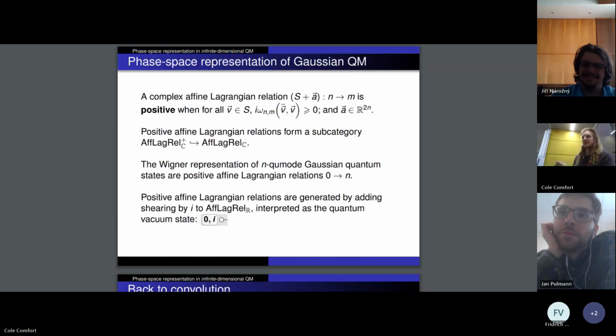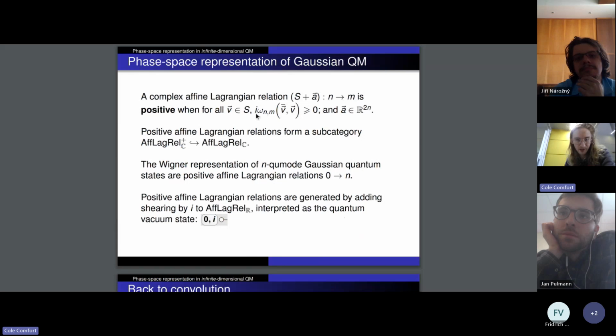Okay. So this is now approaching the end of the talk and the crux of the talk. If you take affine Lagrangian relations, but you ask that they're not over the reals, but over the complex numbers, and you impose a further condition that the subspaces are affine Lagrangian, you impose furthermore that it's positive.